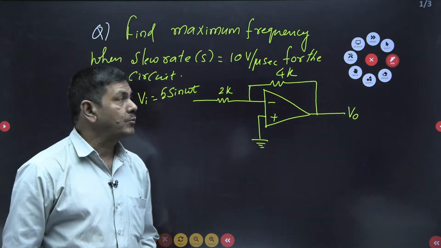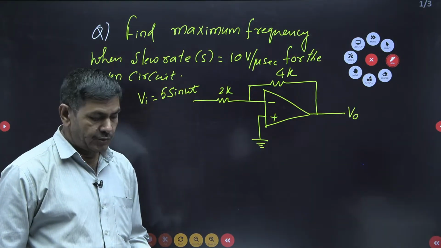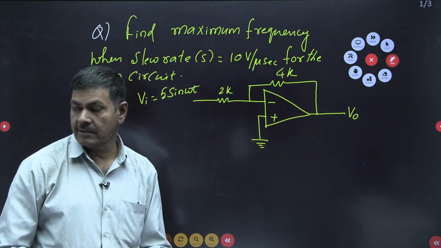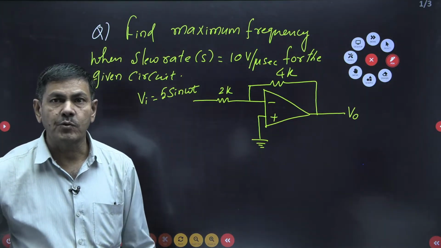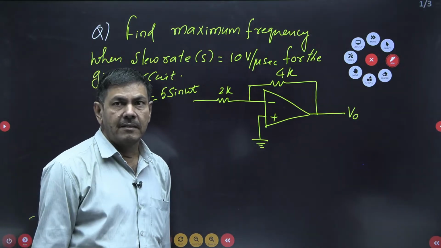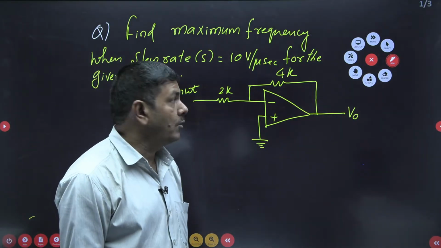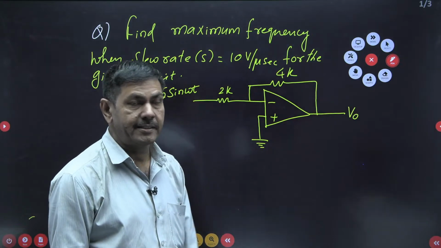In what way can we calculate? First of all, you need to understand the definition of slew rate, and what formula we need to use to find the required frequency. That is more important.